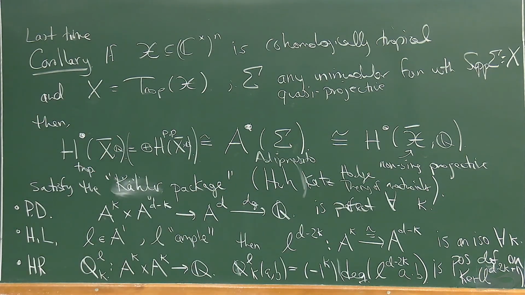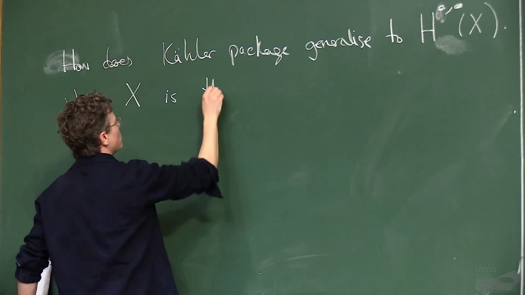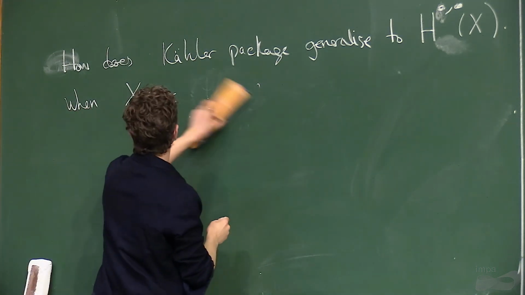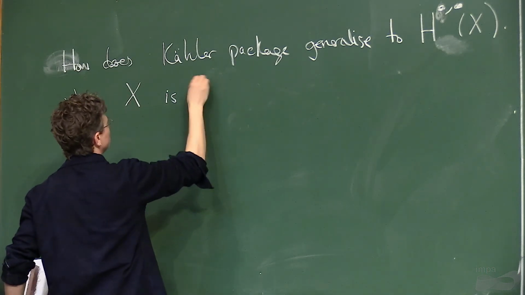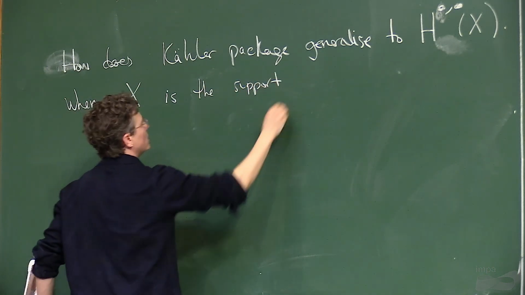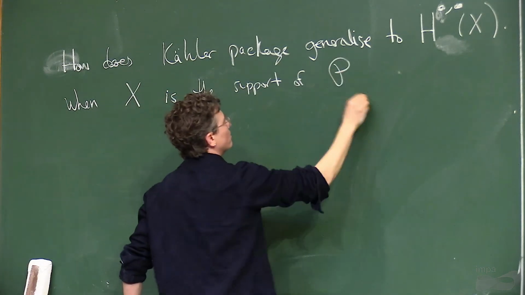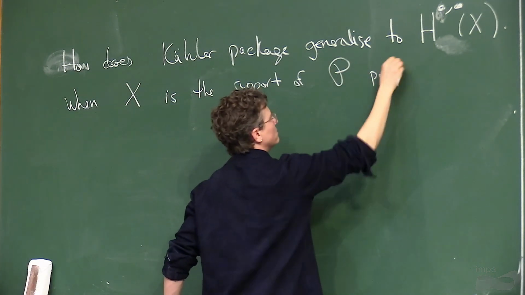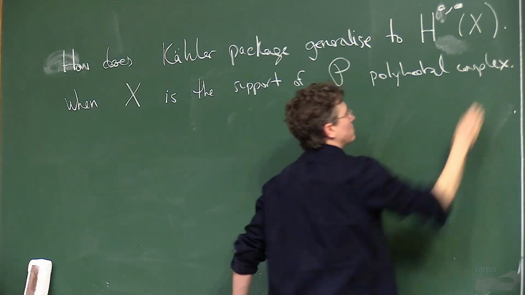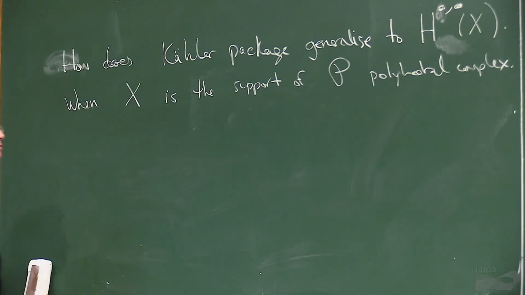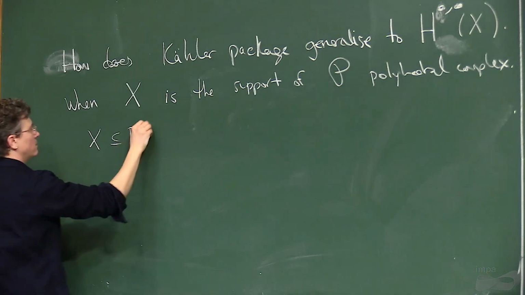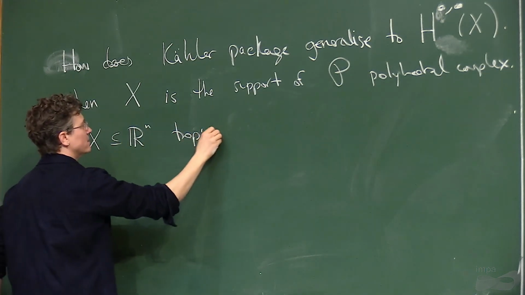But when X is the support, or X is a tropical variety, actually, of P, a more general polyhedral complex. Okay, so we've seen only a few examples of this. We saw like X could be a tropical hypersurface.